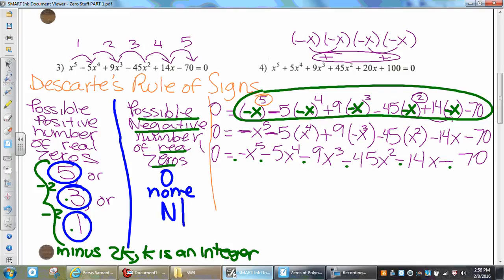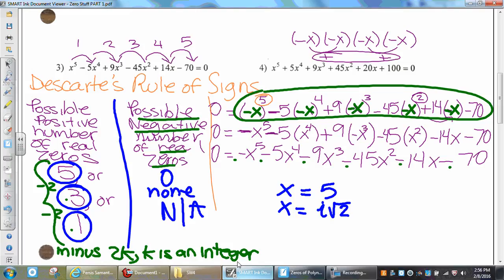Hold on, Maya. I want to be in the picture. Do you guys remember what the zeros were? You should have them. x equals, what were they? What was the real one? That was a real one. 5. 5? Yeah, 5. And the imaginary? The square root of 2.